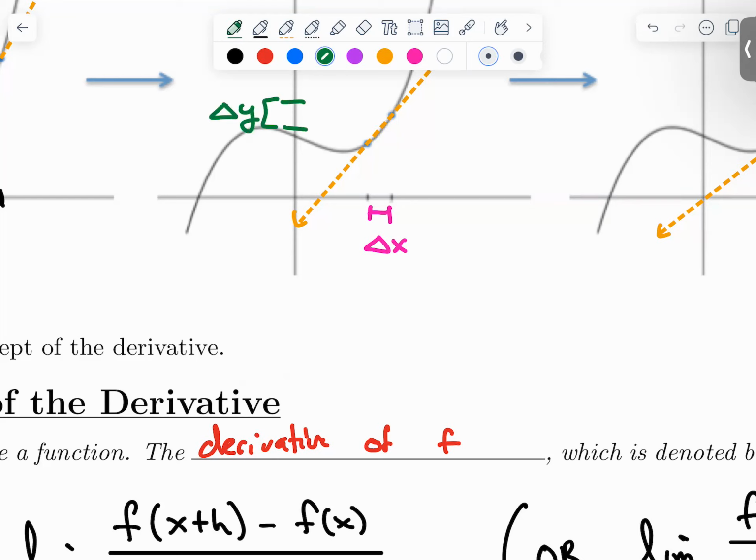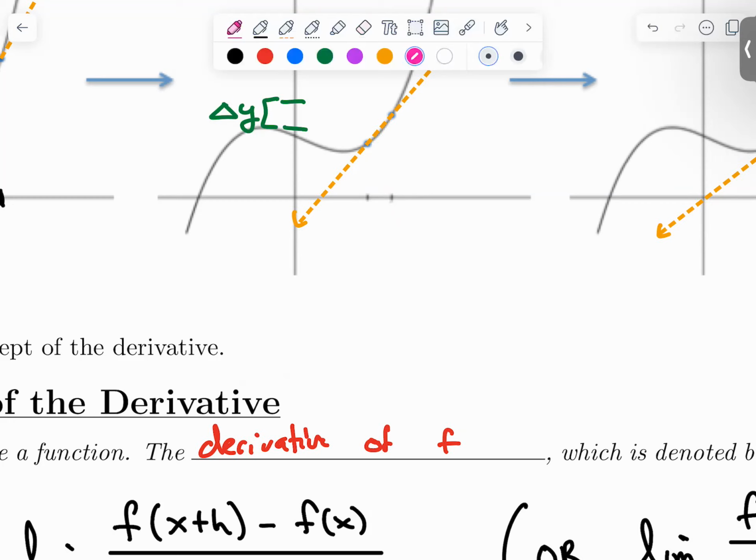And what he was thinking is, well, what if we made that distance go to 0? If we make delta x get smaller and smaller, if we keep going closer and closer until it's virtually indistinguishable, you'll notice that delta y gets smaller and smaller. So if we're right here, as per usual, that's what delta y is.